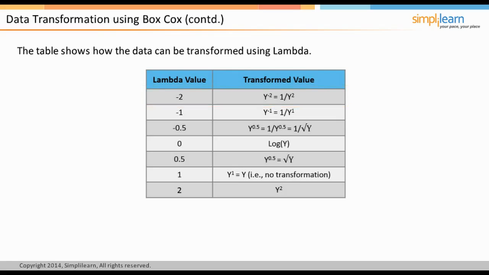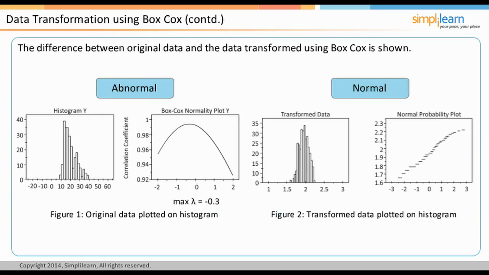Similarly, if the value of lambda is -1, after transformation it becomes y to the power of -1, which is 1 divided by y, and so on. Note that you will use a different formula when you have the value of lambda as 0, wherein you will take the natural log of the value y. Similarly, transform values are also shown on the screen. Click the Example button to know more.